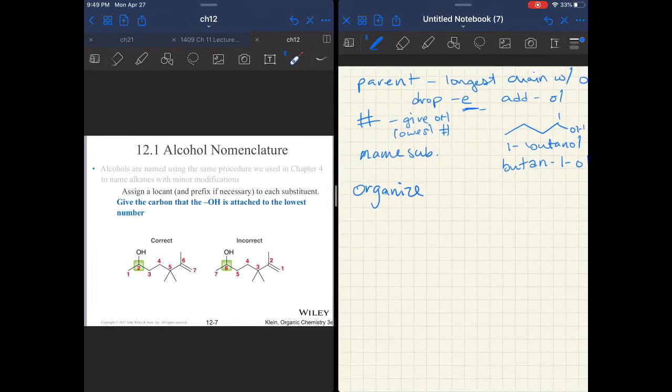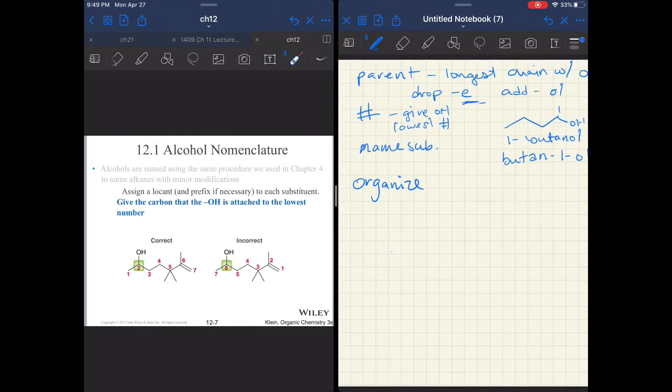So if we are naming this guy here, it's important that we give the lowest numbering possible to the alcohol, even though there's other substituents, and then continue on.